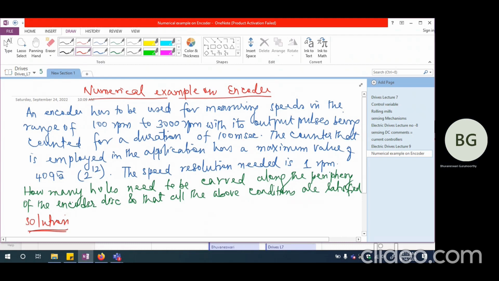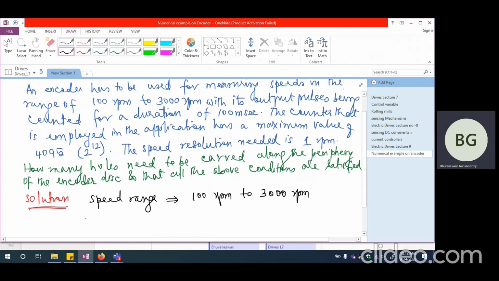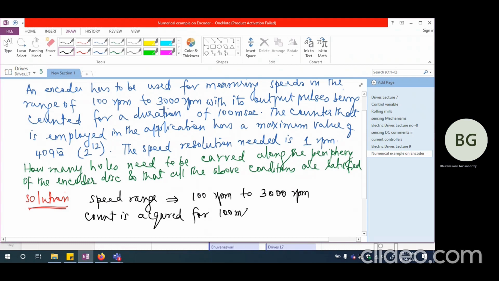So the speed range that we need to measure is from 100 RPM to 3000 RPM. And the count is acquired for 100 milliseconds.